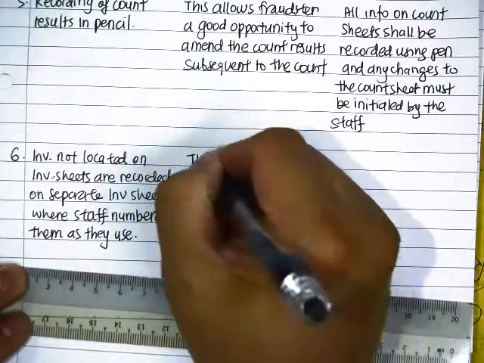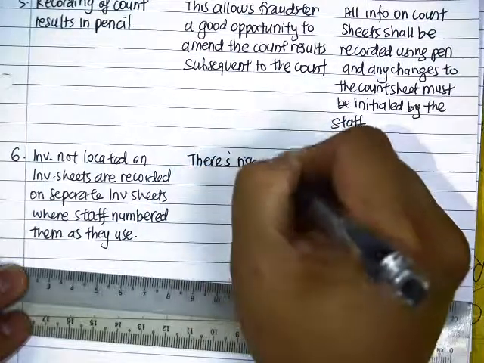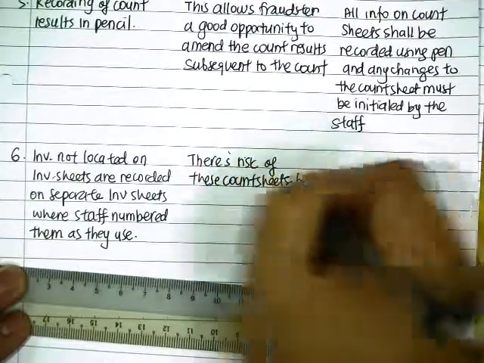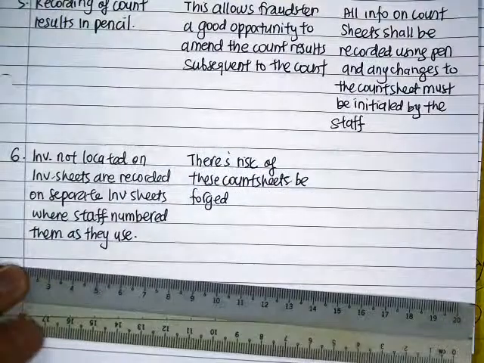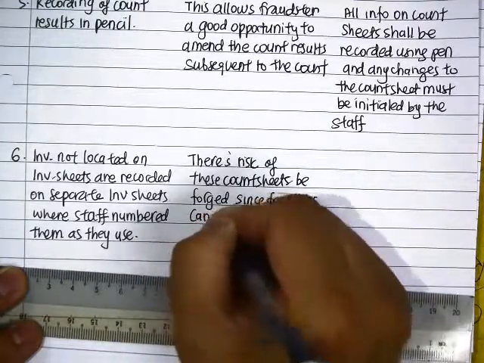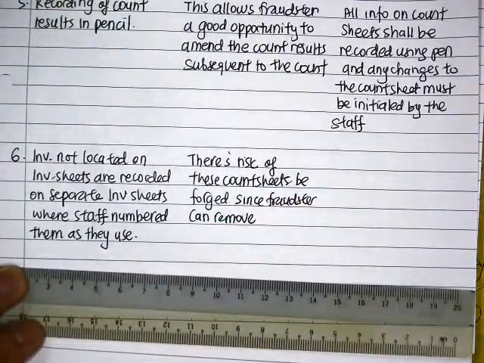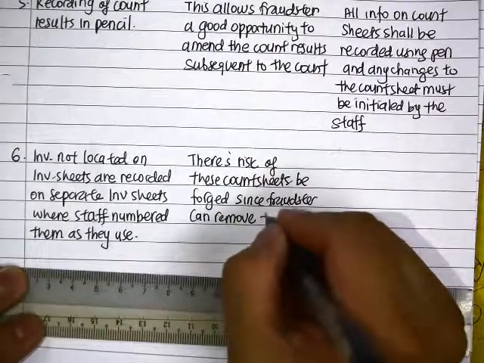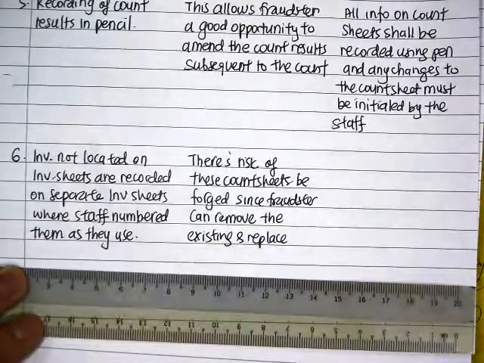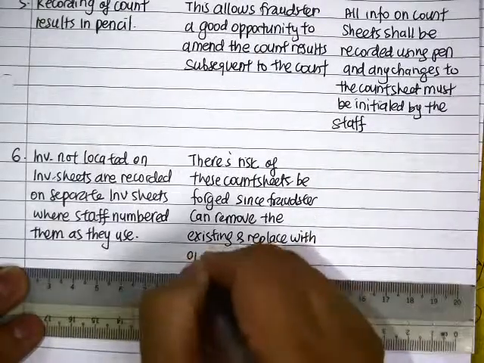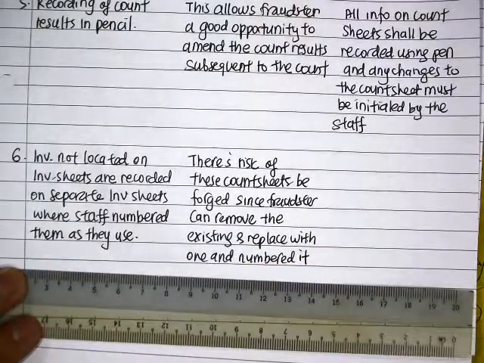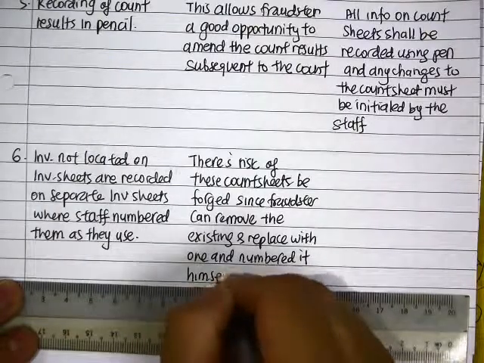So again, there's risk of these count sheets being forged, since the fraudster can remove their existing one, replace it with one, and number it himself.